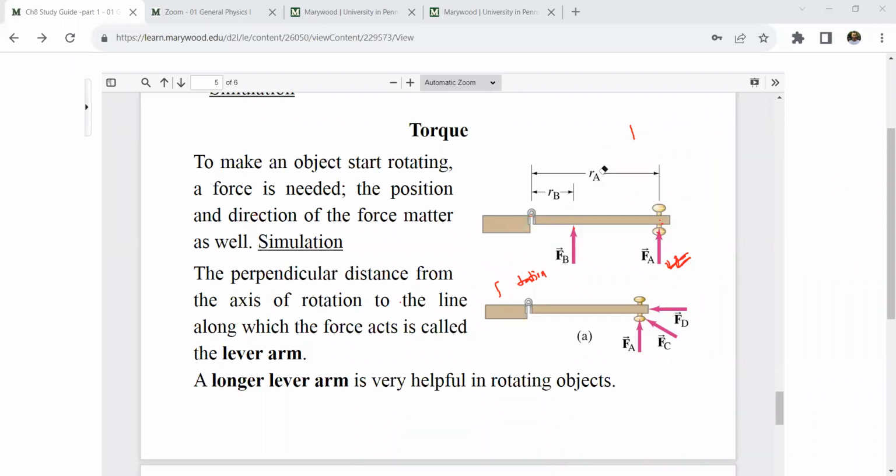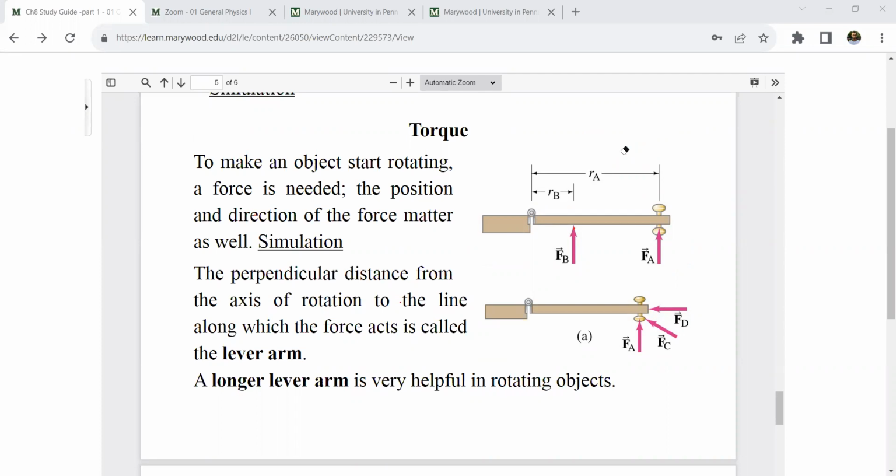Now let's look at the next picture. So here it gives some information. To understand torque, we need to know whether the object is rotating or not, and what is the axis of rotation. The axis of rotation is important first, and then where the force is applied.